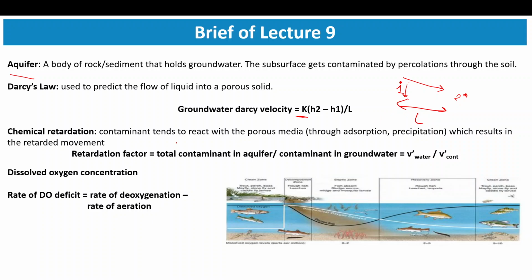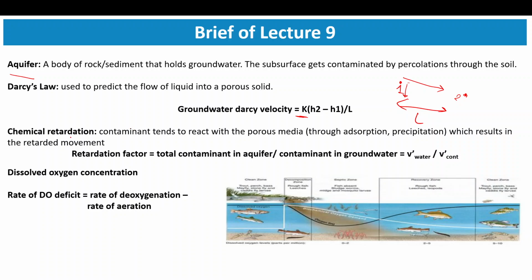Now, further, the pollution which is traveling through that water body, there are chances that the contaminant tends to react with the porous media through adsorption or through some precipitation. So in that way, for example, some precipitation occurs or some adsorption occurs, and that is why the concentration reduces.